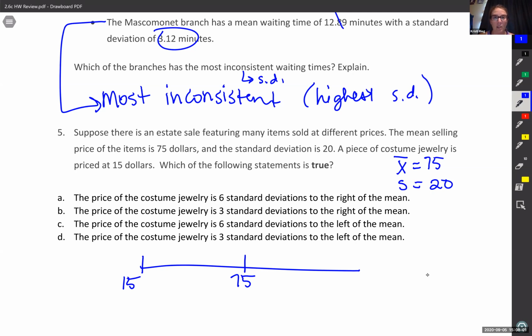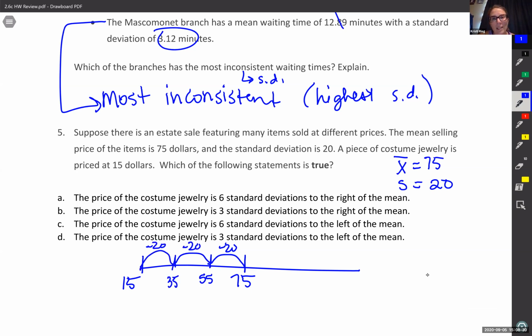So the mean is always in the middle, and the standard deviation is what we're jumping by. So if I go by 1, I'm at 55, because when I go to the left, I subtract 20. And then there's another one, which would be 35. And the last one gets us to 15.